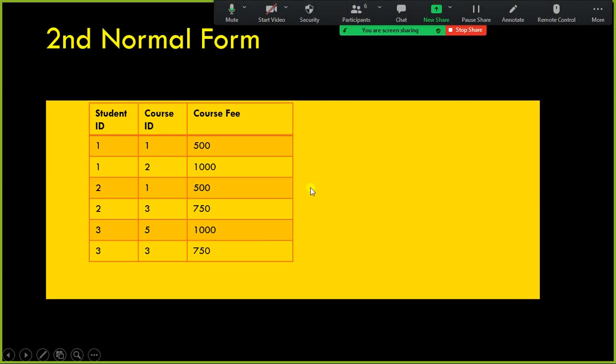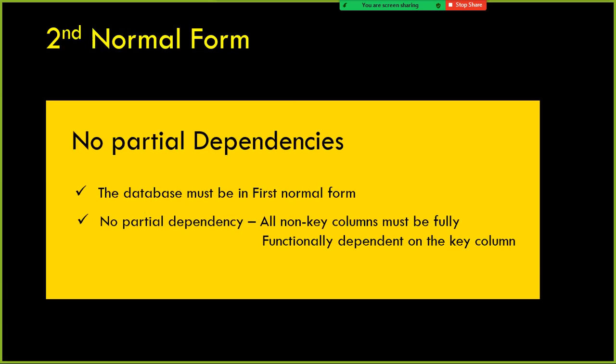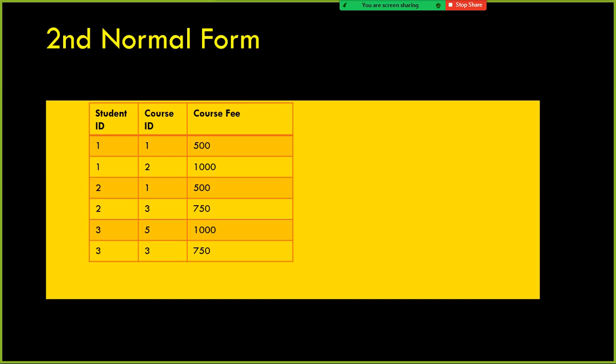So let us take another data set. In this data set, student ID and course ID are there, and I have a course fee column here. Here the first rule should be satisfied. All the rows should be unique, and each column should have a single value.